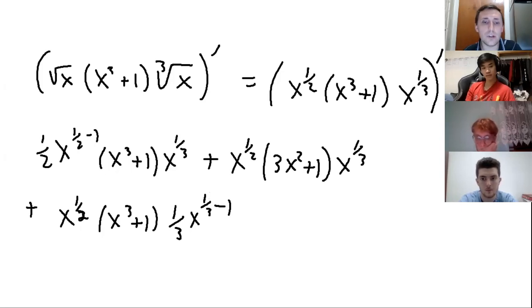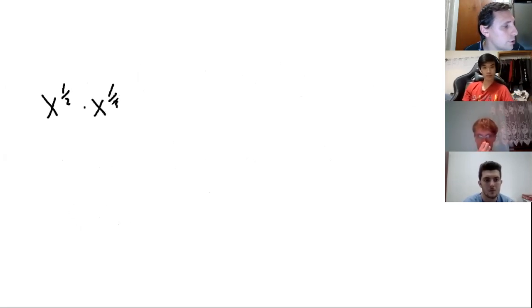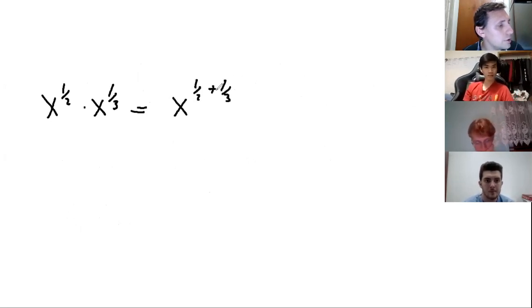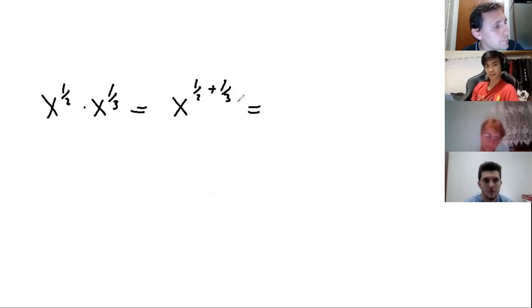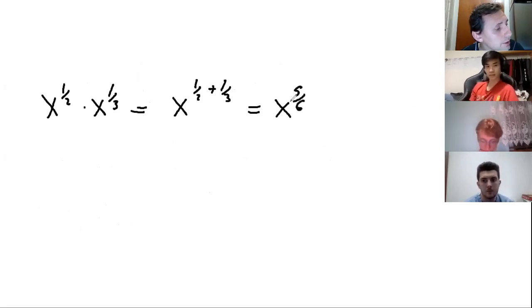Of course, one small thing, guys. You might have noticed that, for example, x to the 1/2 times x to the 1/3, I can combine them to be x to the 1/2 plus 1/3, and that is simply x to the power of 5/6, since that's 3 plus 2 over 6.